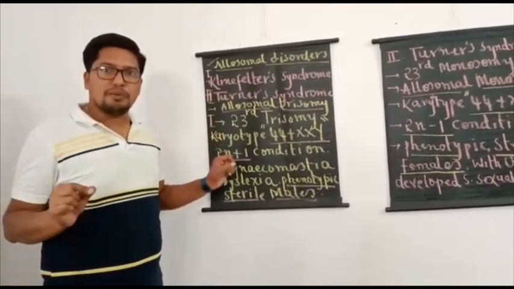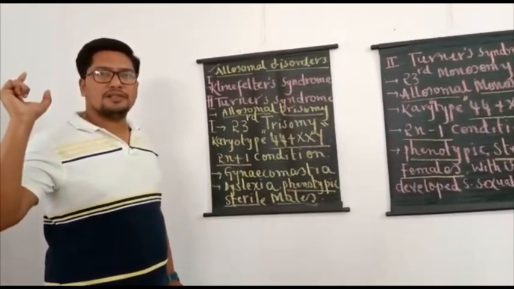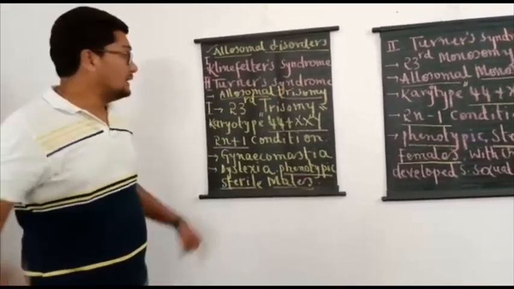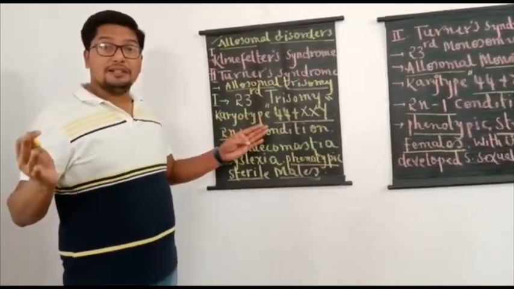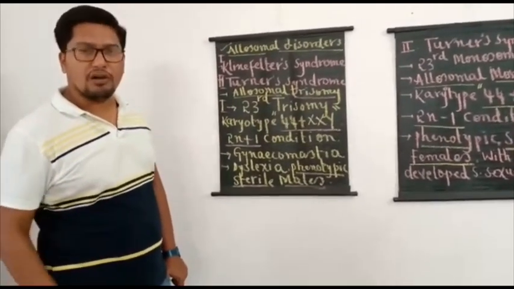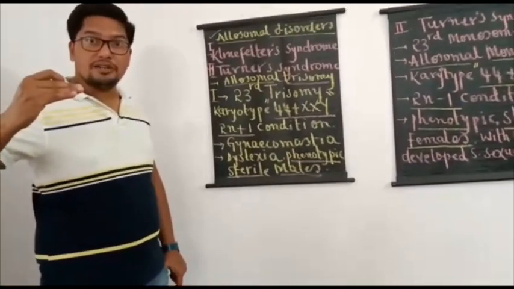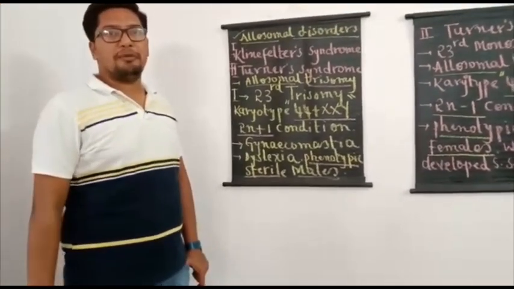And if you ask me, what is the exact reason for allosomal disorders? My simple answer: failure of segregation of the 23rd pair of chromosomes at the time of gamete formation, or non-disjunction of the 23rd pair of chromosomes at the time of gamete formation.